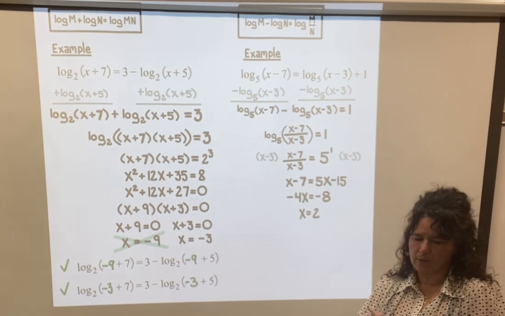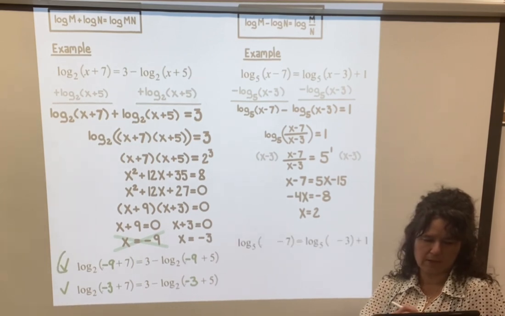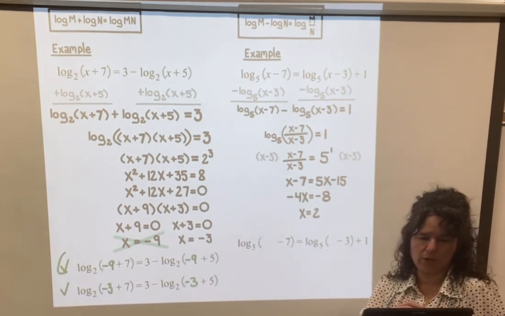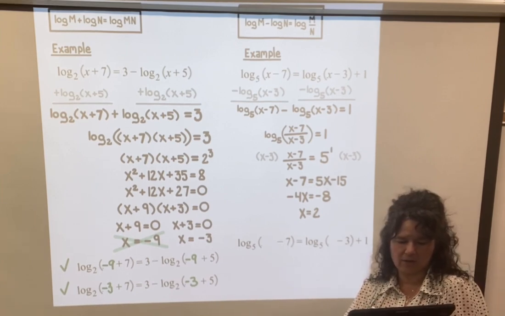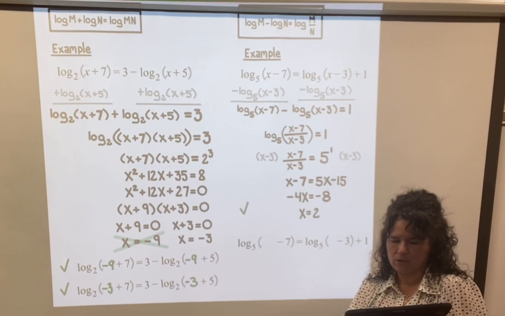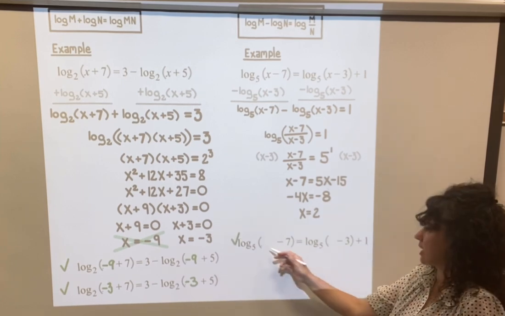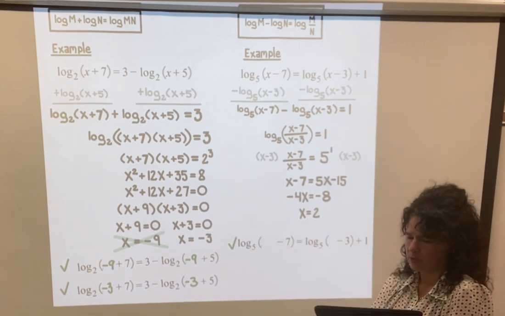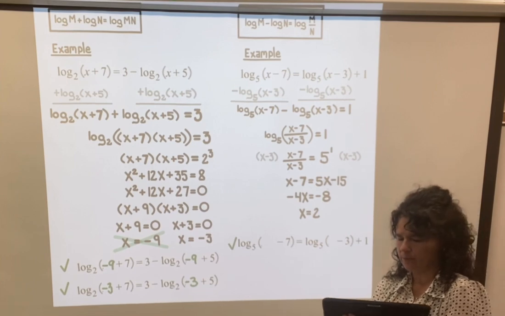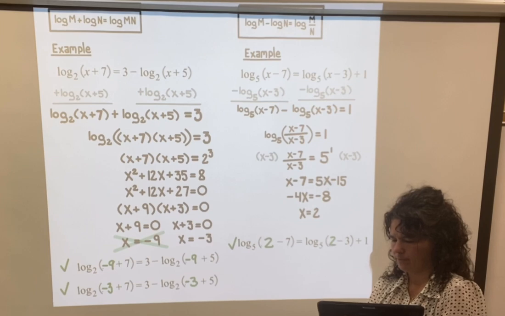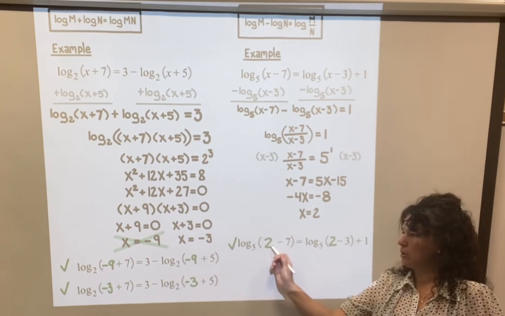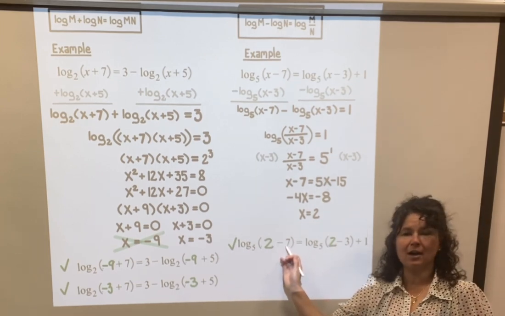But you've got to remember on these ones, it's not optional when your original equation has a log of x in the original. So I want to check this. So I'm going to put 2 in the original, and 2 minus 7 is negative 5.